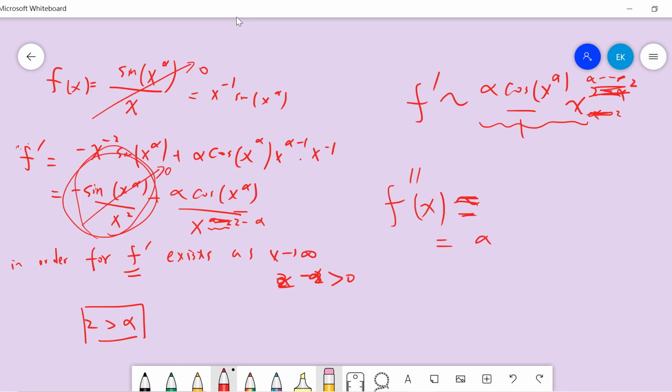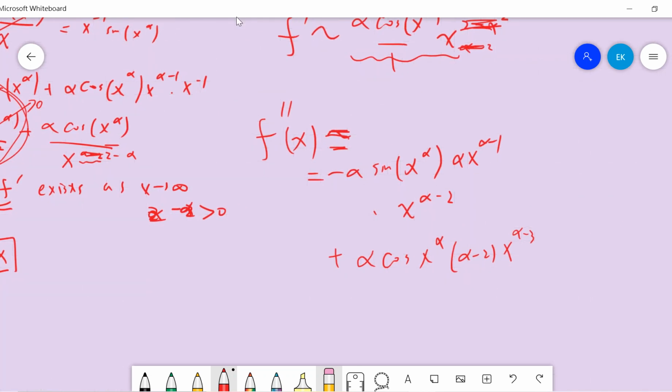So this is alpha minus sine of x to the alpha, plus another term.